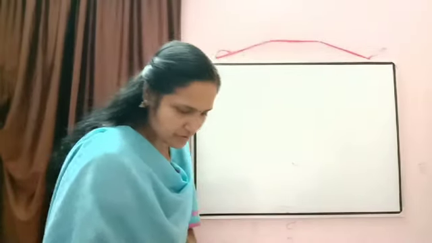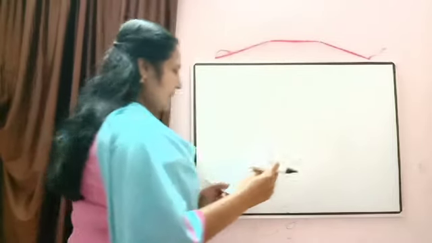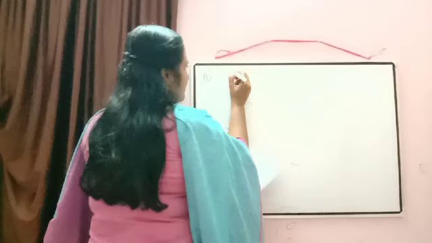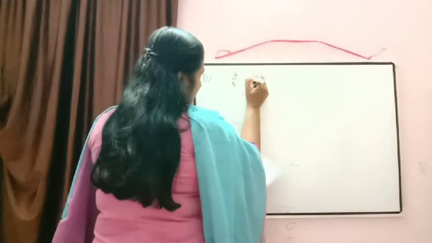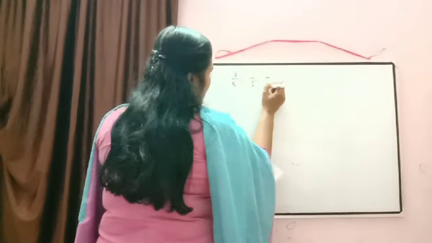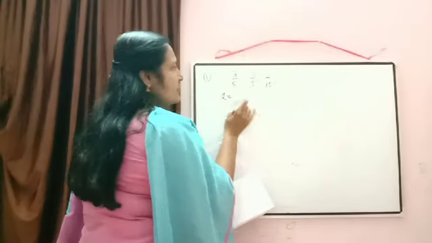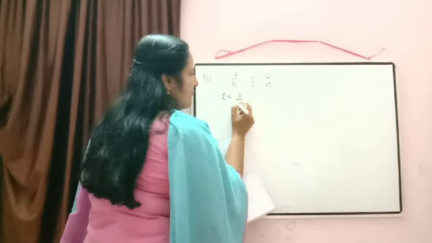Now check, the first question is written there. Find the 12th and nth term of the GP 3 by 5, 1 by 5, 1 by 15, etc. First we can write down the value of A here. The first term is 3 by 5.